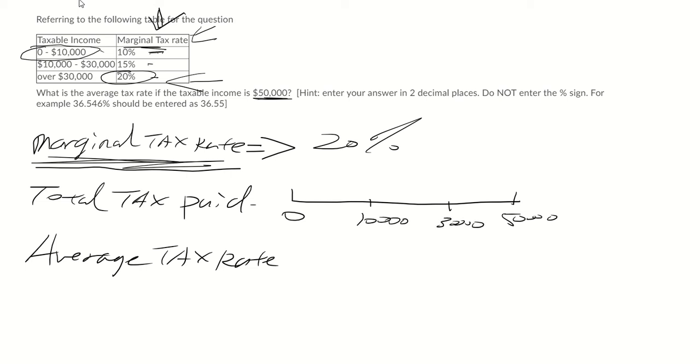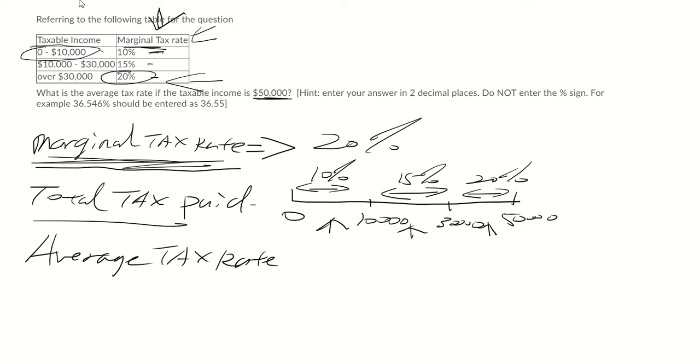The first section pays a 10% tax rate. The next section from 10,000 to 30,000 is a 15% tax rate. And the last section from 30 to 50,000 is a 20% tax rate. We find out how much each section is, and then add it all together. That's your total tax paid.